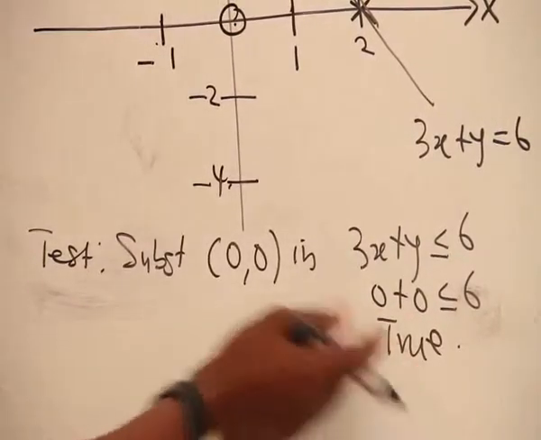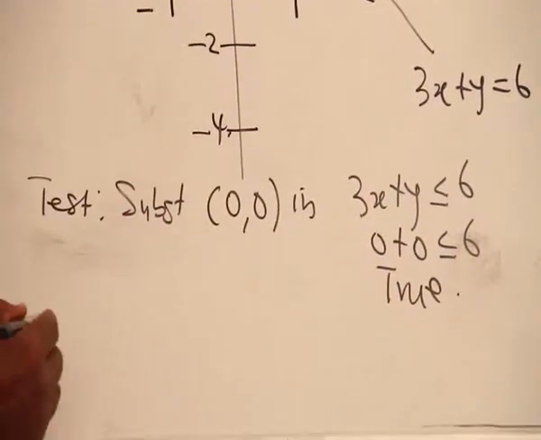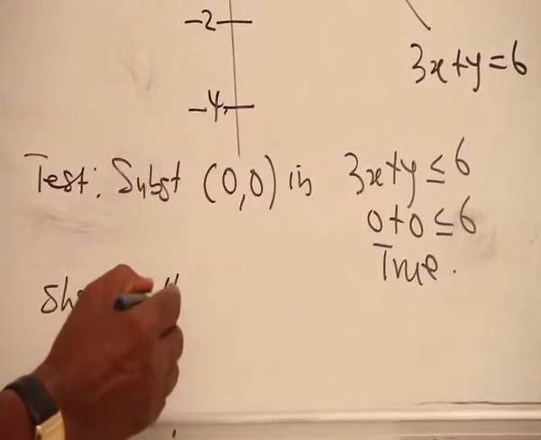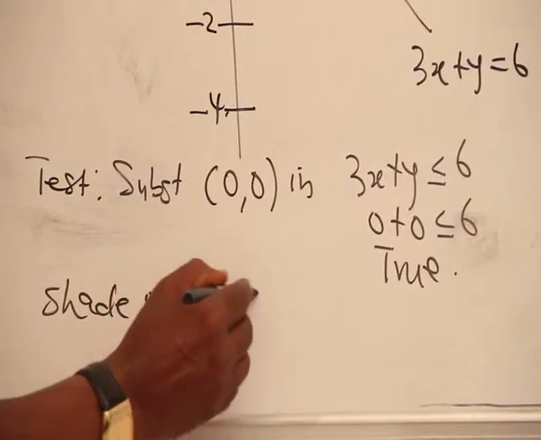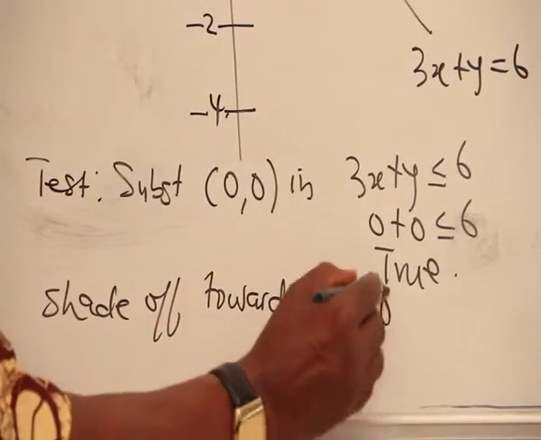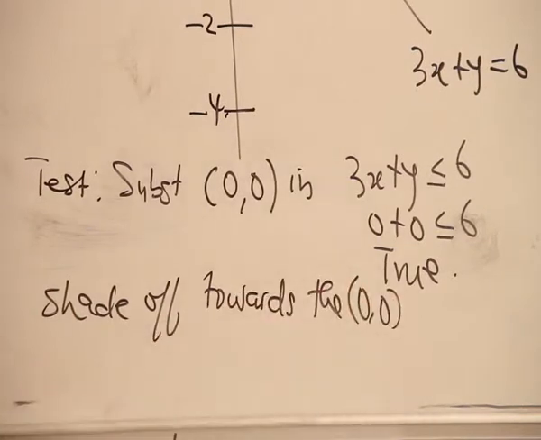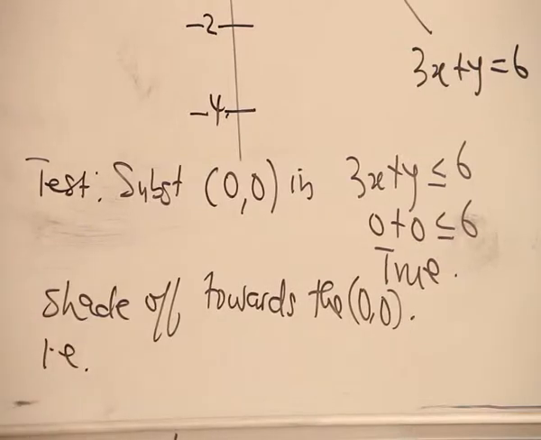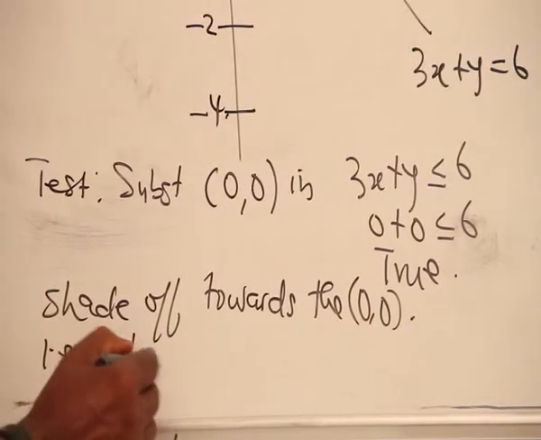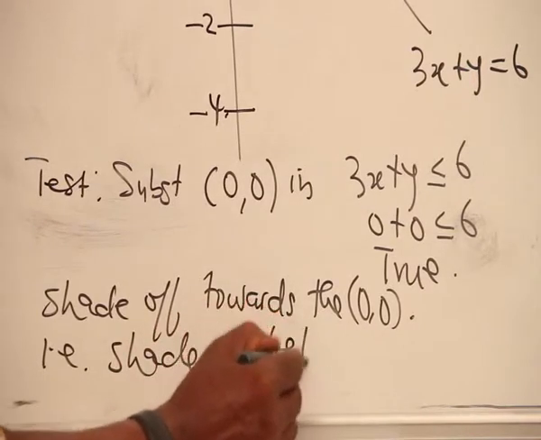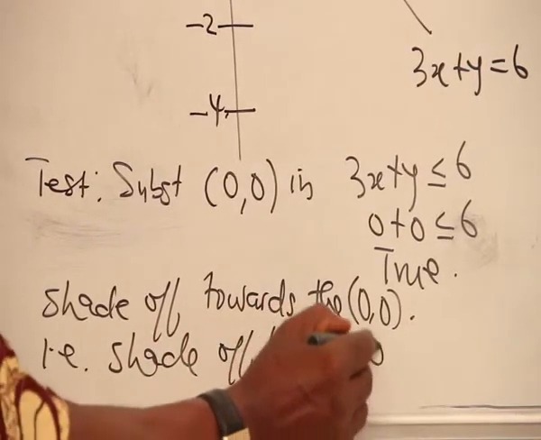Now that you know it is true, you will now shade towards the point 0, 0. That is to say, shade below the line.